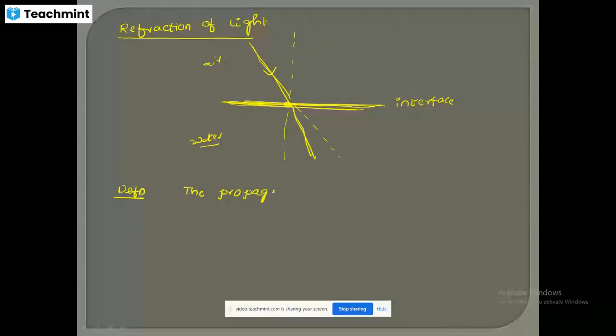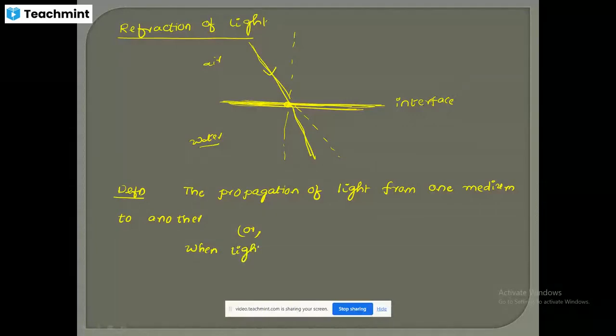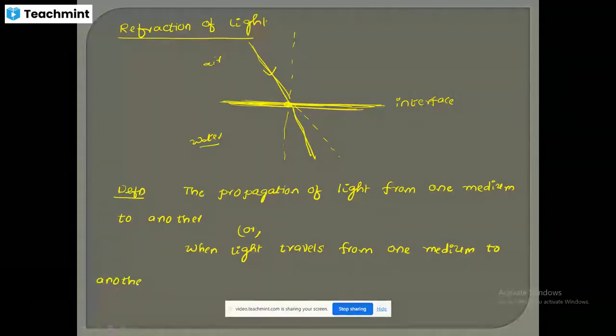So the definition is: the propagation of light from one medium to another medium, or when light travels from one medium to another medium, the light gets bent.